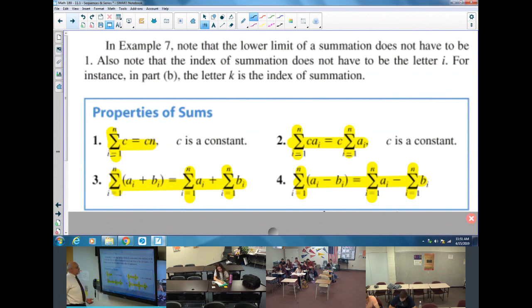Then if you have the summation of a plus b, you can sum up the two terms separately. Sum up all the first terms, sum up all the second terms, and then add once at the very end. If you have a minus, you can do the same thing. Add up all of the first terms, add up all the second terms, and then subtract.